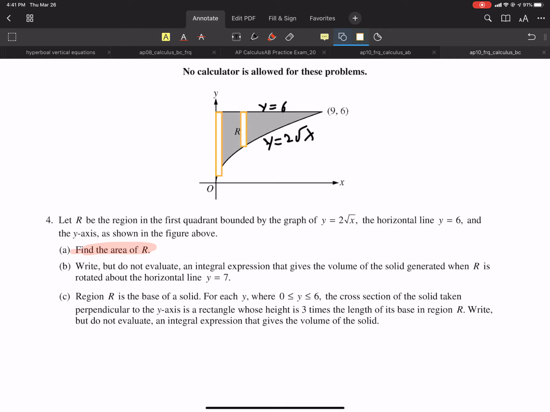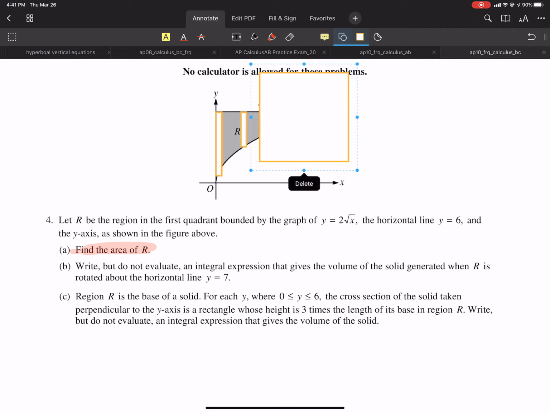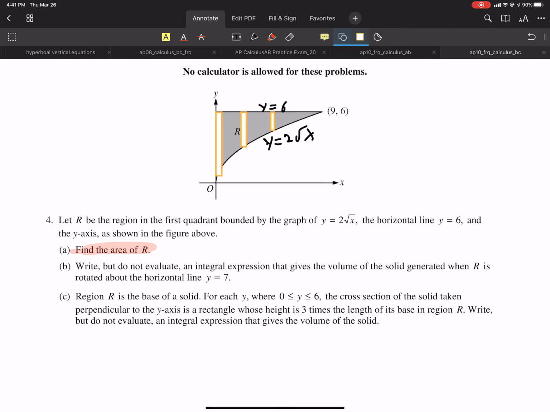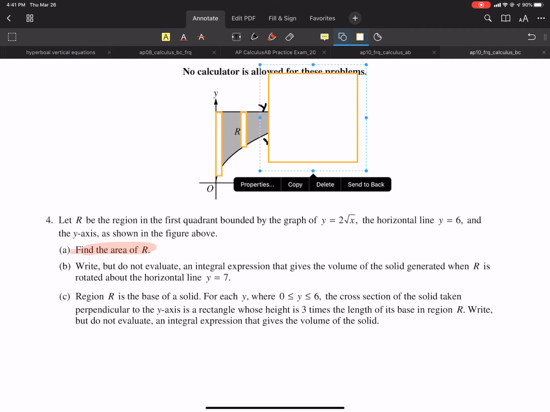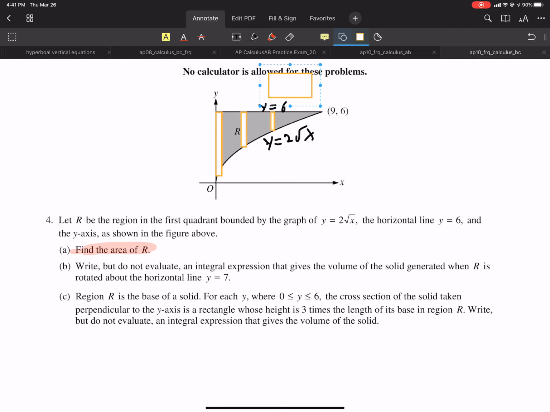There's another one here, and they're going all the way across. The last one being right there.